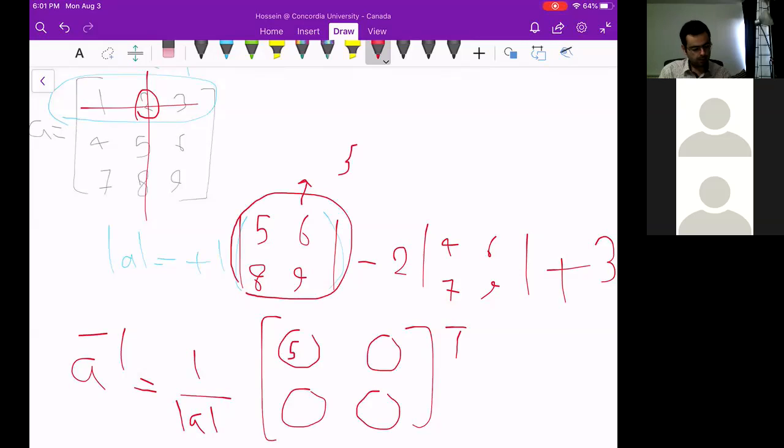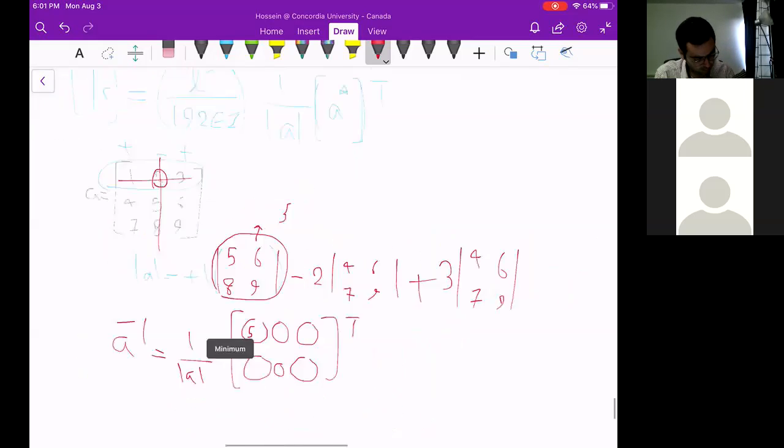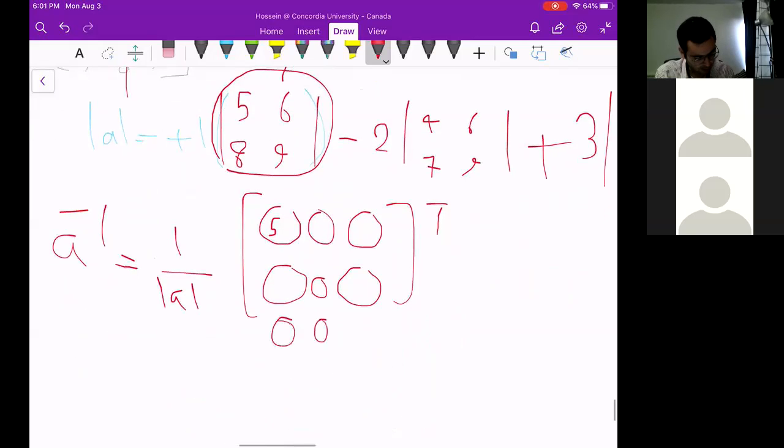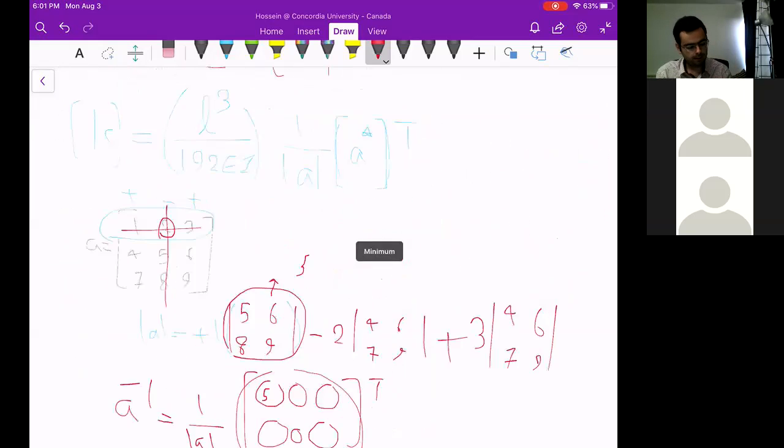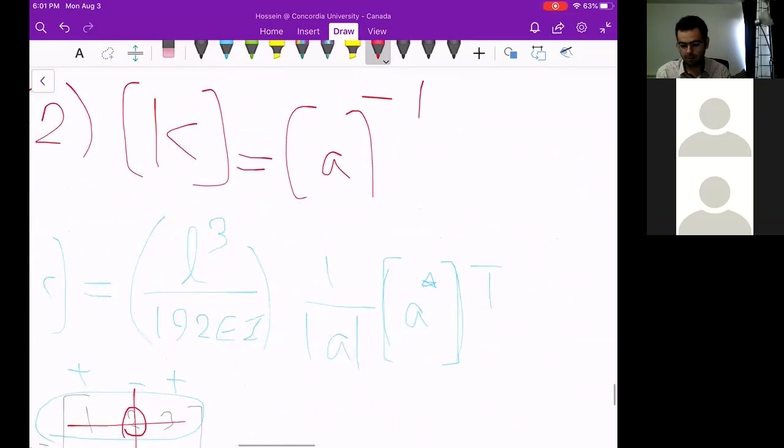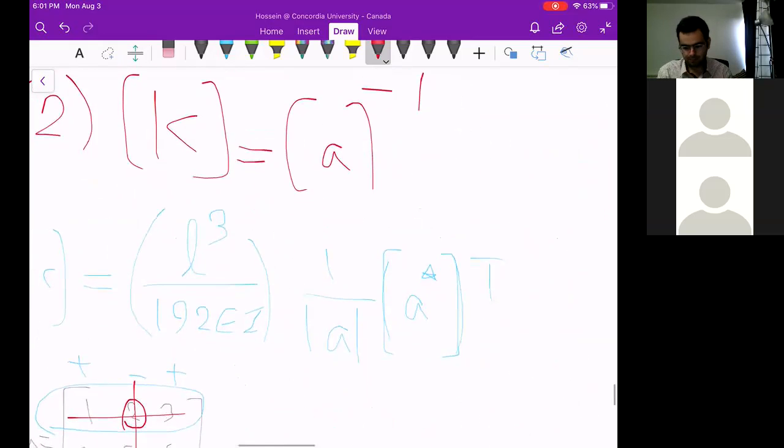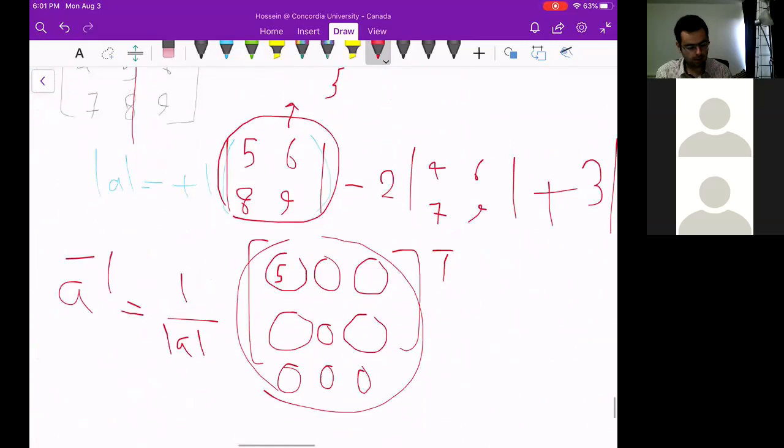For a 3 by 3, for each entry you have to find the adjunct, fill out the adjunct matrix, and take the transpose to find A inverse.